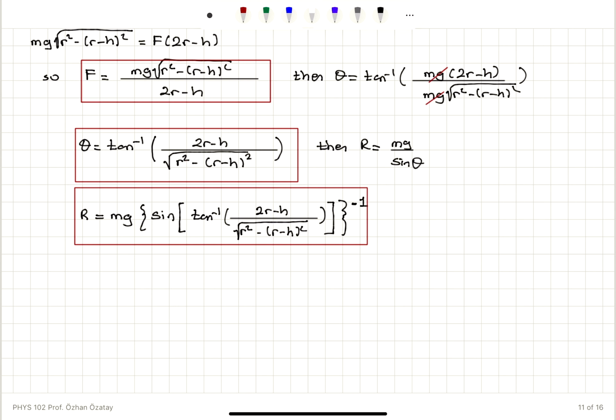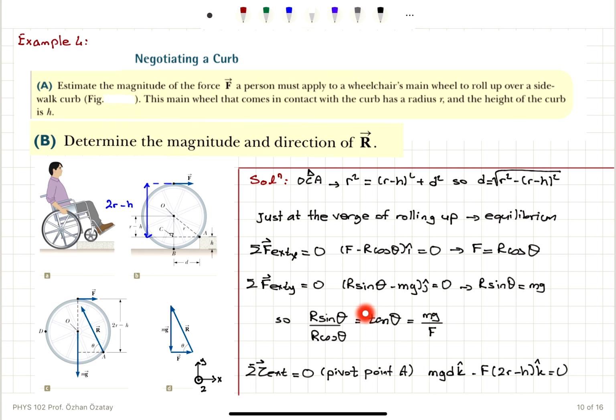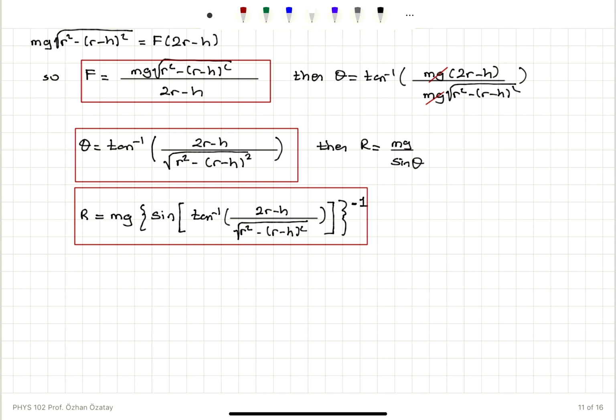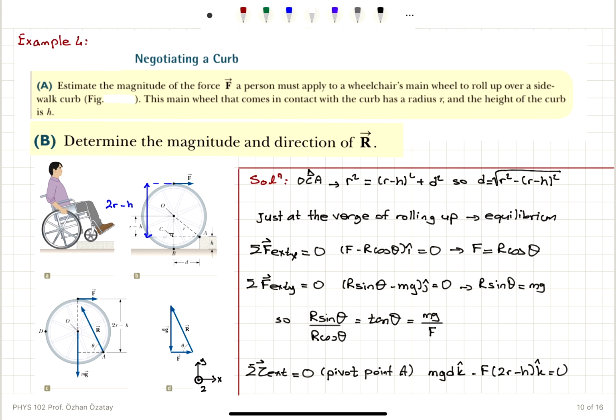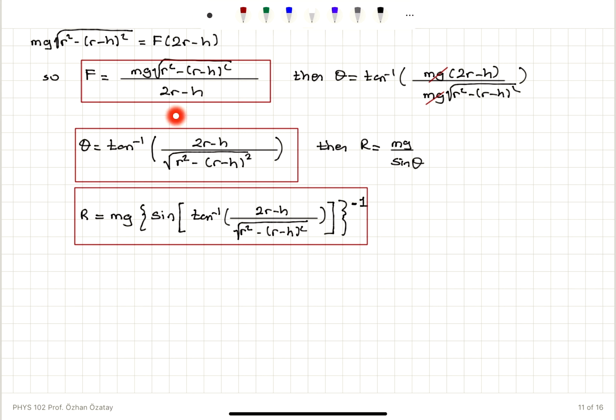So from the torque equation I obtain F. Then I substitute F into the tangent theta equals mg over F equation. I obtain theta, and R equals mg over sine theta, or I can use R equals F over cosine theta. Substitute this result for theta, and I find the magnitude of this contact force R.